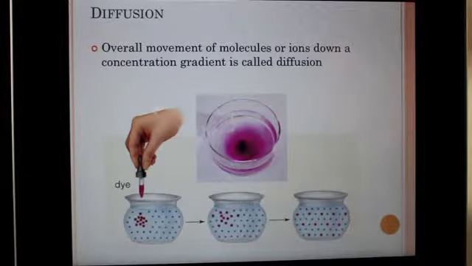Now, this works through a process called diffusion. Diffusion is the overall movement of molecules or ions down a concentration gradient. So if you've done that little kiddie experiment where you take a drop of food coloring and put it in some water, you'll see that over time it diffuses even without you mixing it so that the whole container is one color.